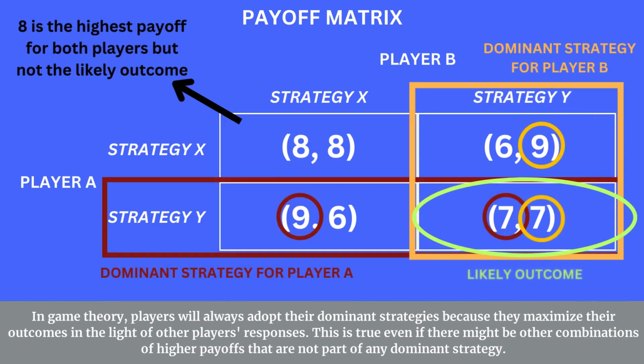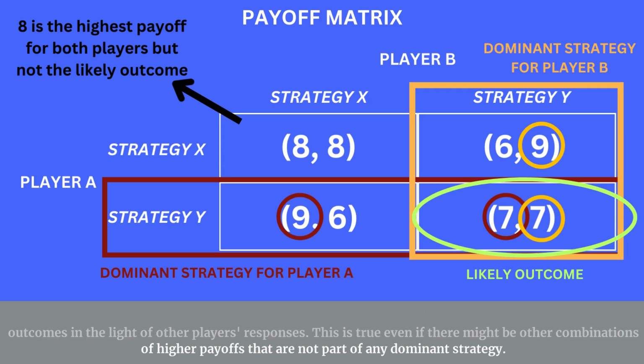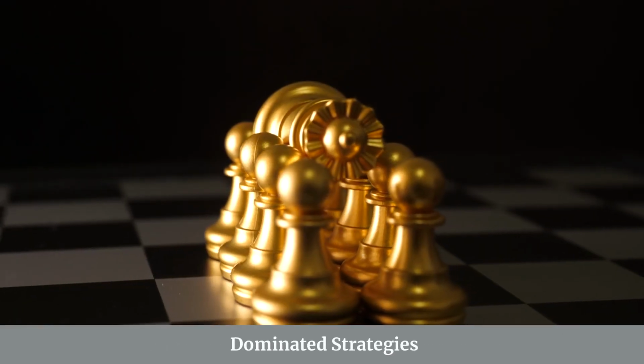In game theory, players will always adopt their dominant strategies because they maximize their outcomes in the light of other players' responses. This is true even if there might be other combinations of higher payoffs that are not part of any dominant strategy.